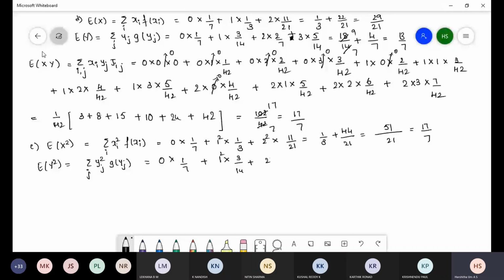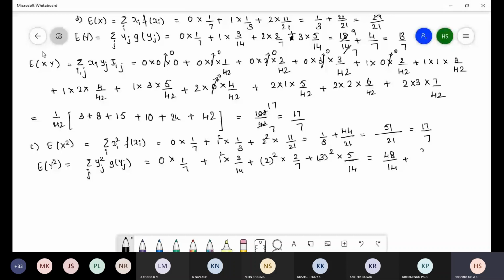So here 5 9s are 45 because 3 square is 9, 9 into 5 is 45, 45 plus 3 is 48 divided by 14, plus 2 2s are 4, 4 2s are 8, 8 by 7. So 24 plus 8 is 32 divided by 7 is the answer.